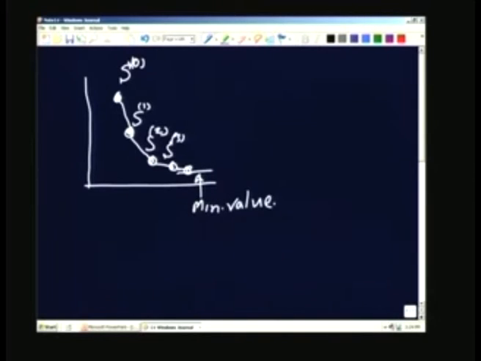So, what I am doing is, I am going in the direction exactly opposite to the gradient vector, and therefore, it is moving along the steepest or the fastest change as far as the value of S is concerned, and therefore, this is called the steepest descent method.